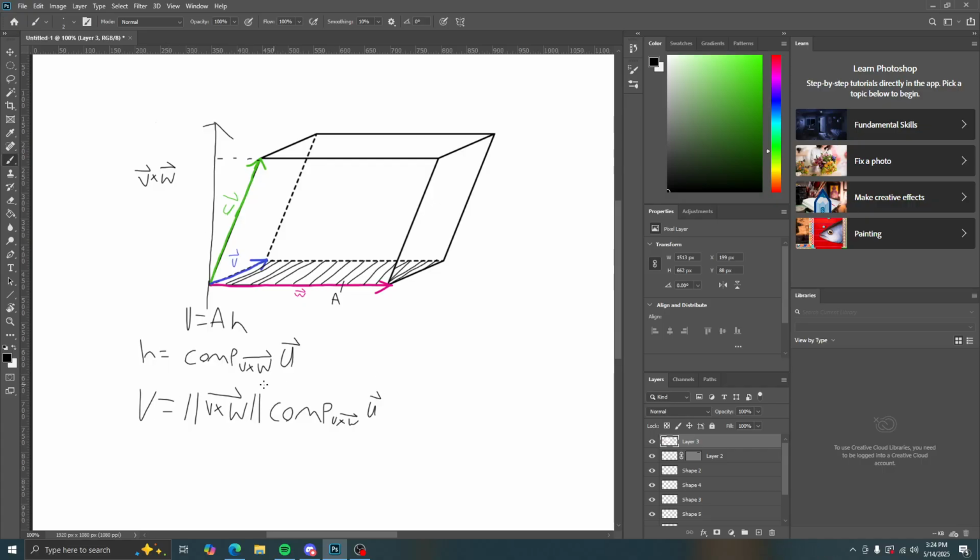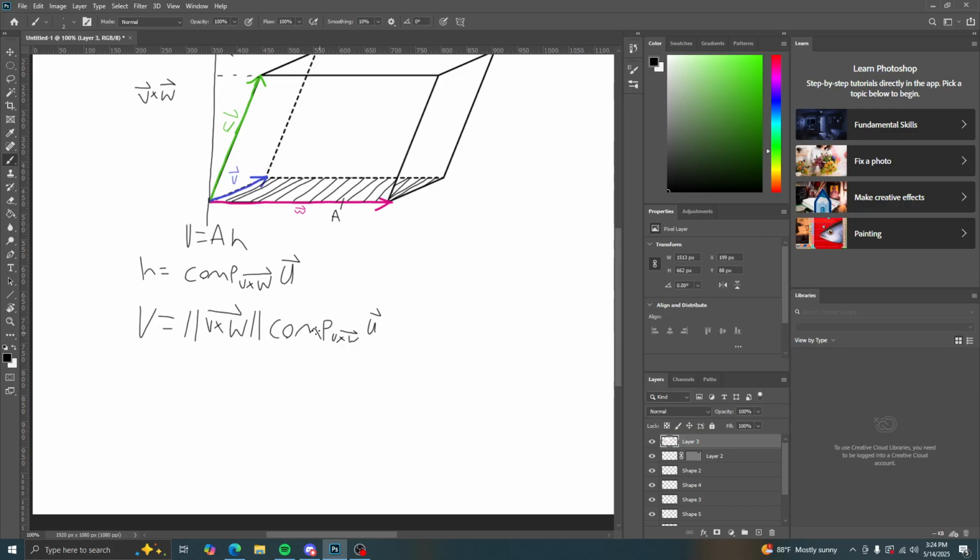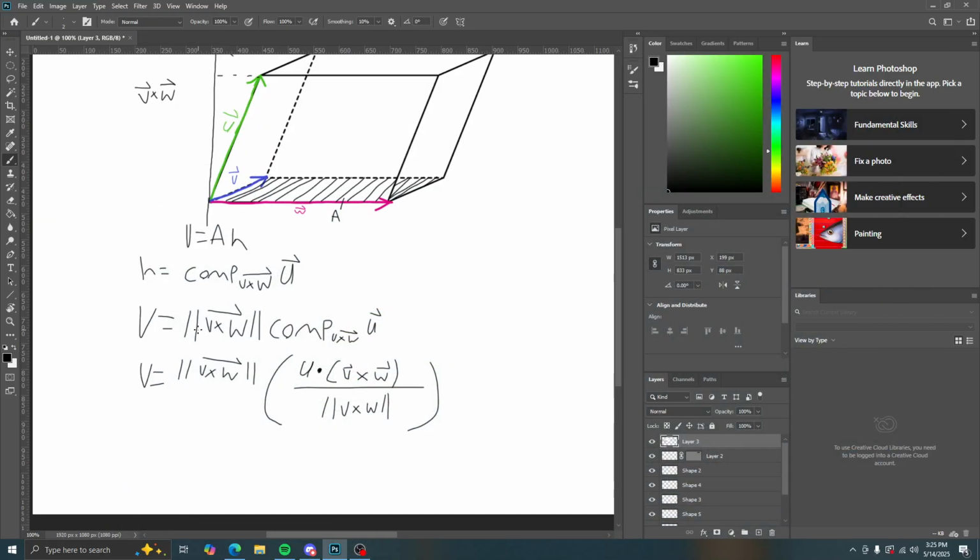If we simplify this further, and I'm going to pause this real quick just to write it out because it'll take a minute doing it with a mouse. Okay, if we write this out completely, we have the magnitude of the cross product of v and w, multiplied by u dot the cross product of v and w, all over the magnitude of the cross product of v and w.